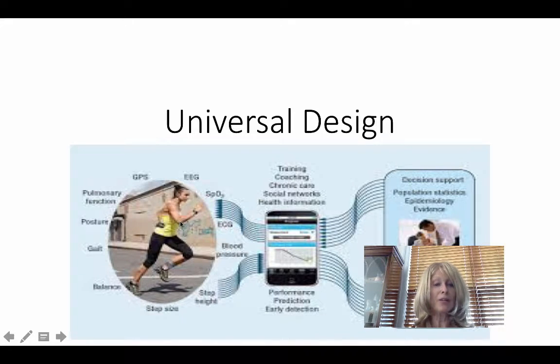We have this runner, and she's wearing a Fitbit, some type of device which is tracking information. It's tracking her heart, the calories, and maybe the location she's at, and it's populating it to some database.